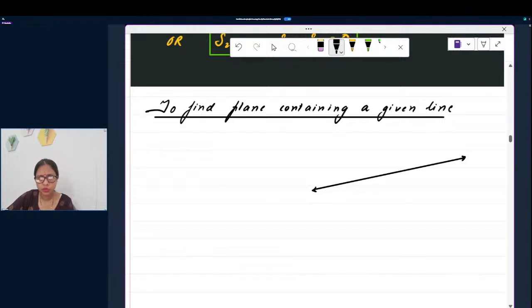It actually depends upon which form of the line is given.